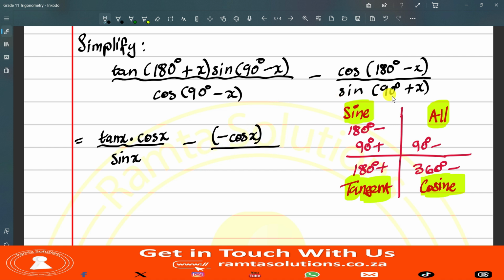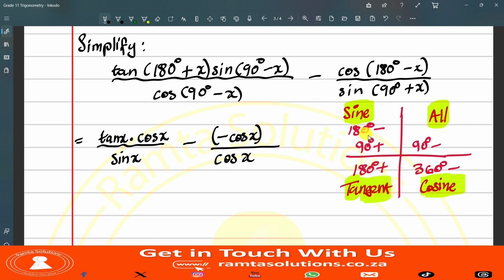Now let's see, sine in the 90 plus. Which quadrant is that? The 90 plus is the second quadrant. Sine in the second quadrant is positive. But because this is 90, sine will change and become cosine. I hope you saw that when I said sine is positive, I didn't change the sign, I just left it as is.